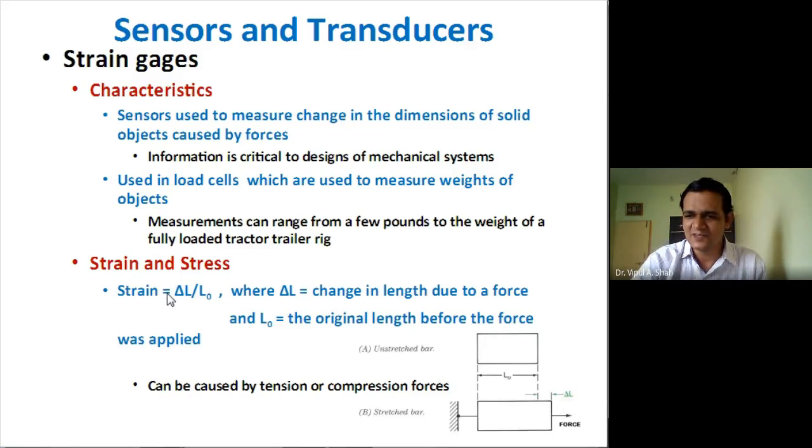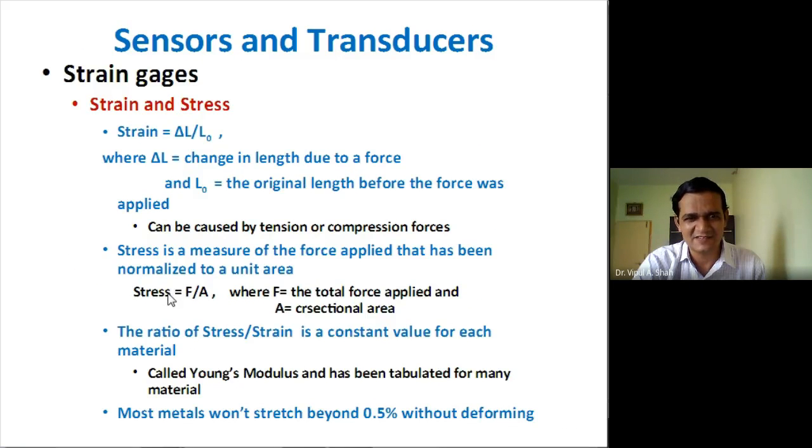Through this you can measure the stress of your muscle. Whatever muscle activity is there, for that you can utilize this strain gauge. Now in the strain gauge we have seen that it is delta L divided by L0, where delta L is the change in length due to application of force, and L0 is the original length before the force was applied. The force can be in the expanding direction or in the contracting direction, and the stress is measured by force upon area, that is the cross sectional area.